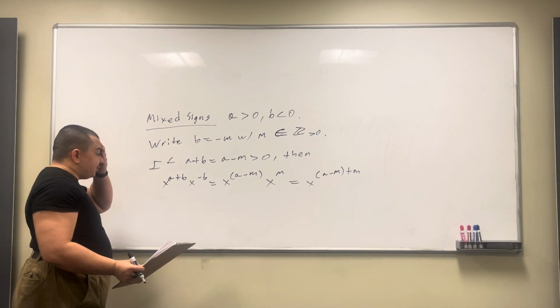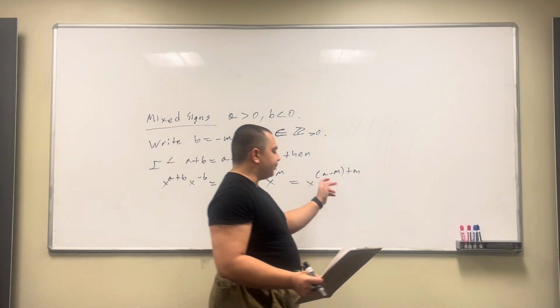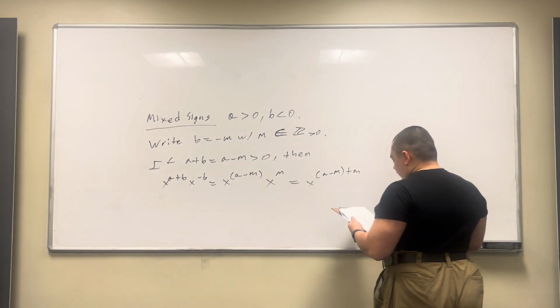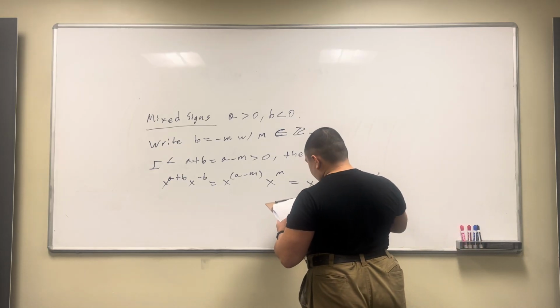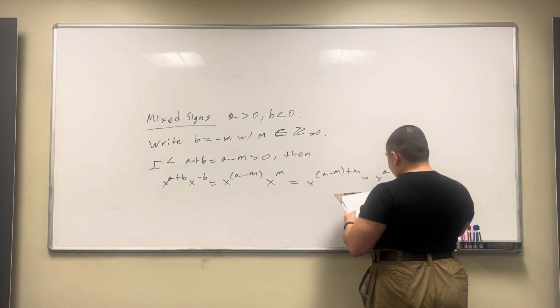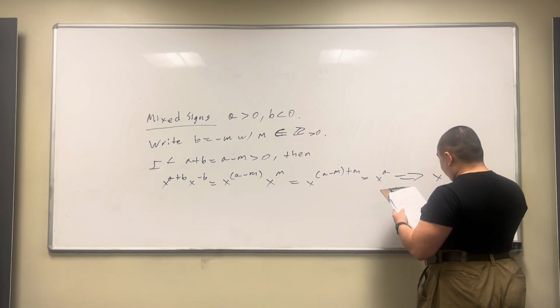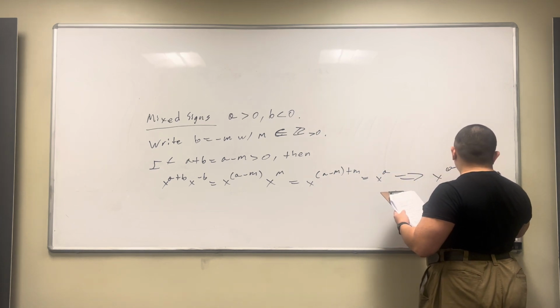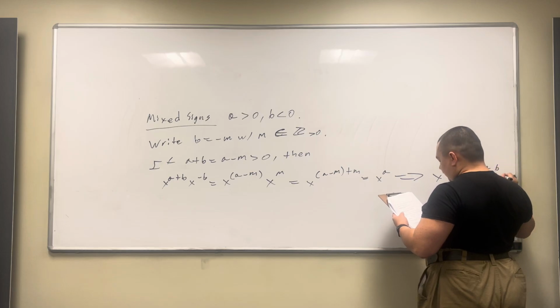Just good practice to get that on line. And then that is equal to x to the a, which implies x to the power of a plus b is equal to x to the a times x to the b.